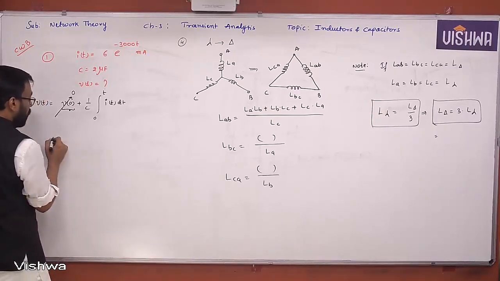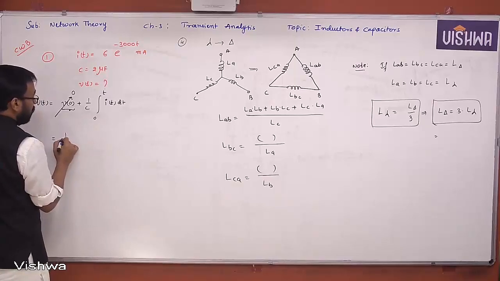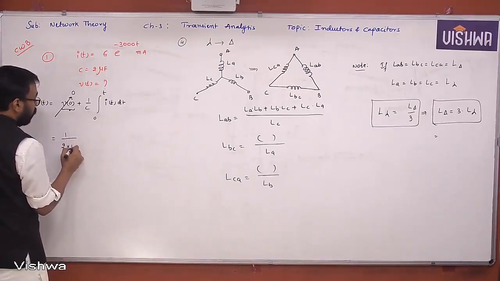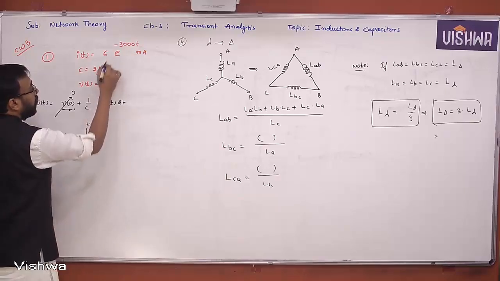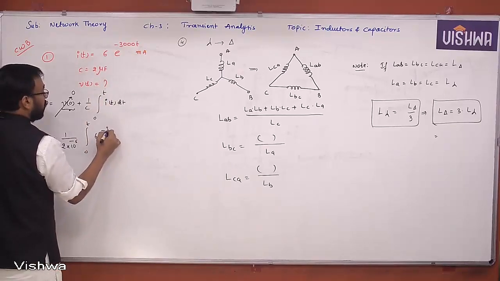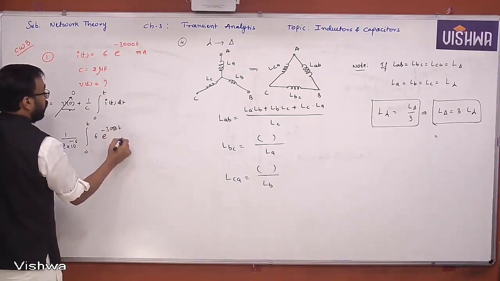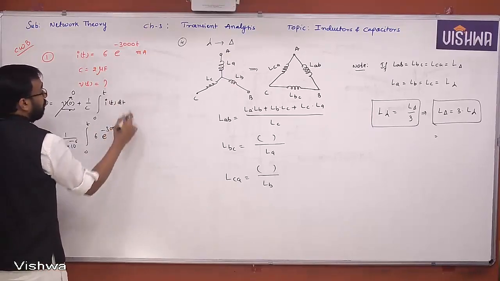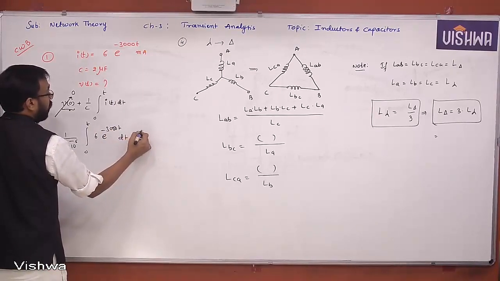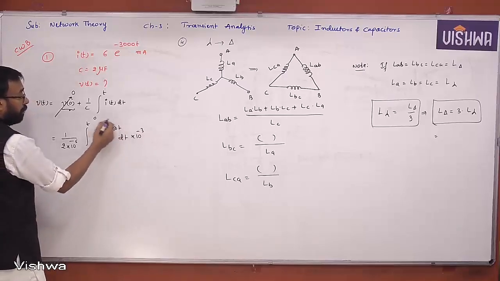Now 1 by C is 1 by 2 microfarad, 10 power minus 6, integration 0 to t of 6 into e power minus 3000 t dt. It is in milliamperes, therefore it is 10 power minus 3; it is in amperes now.